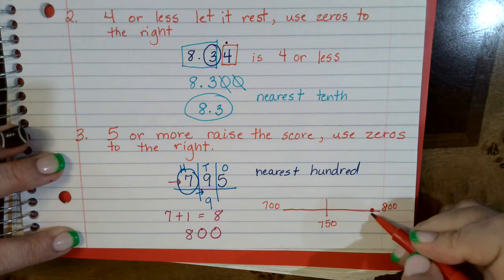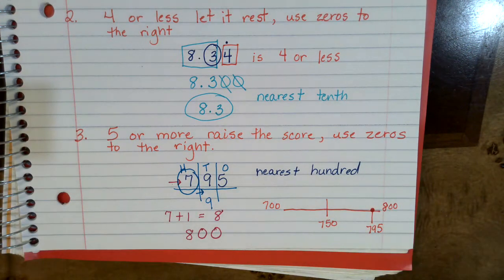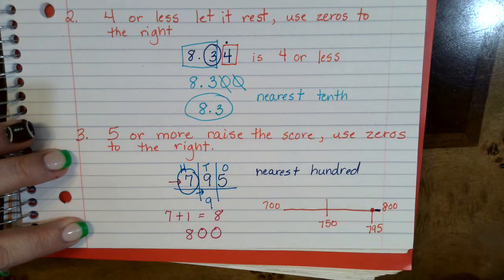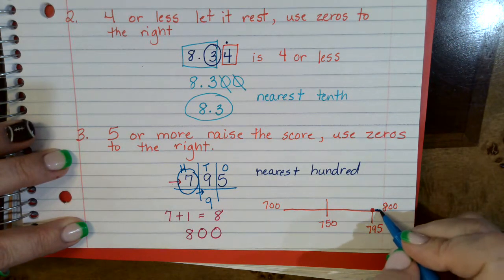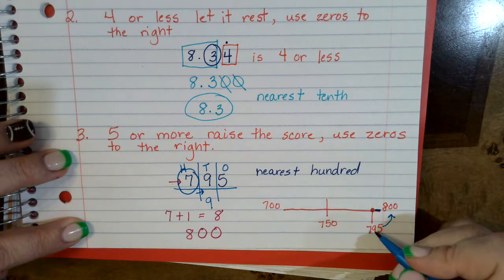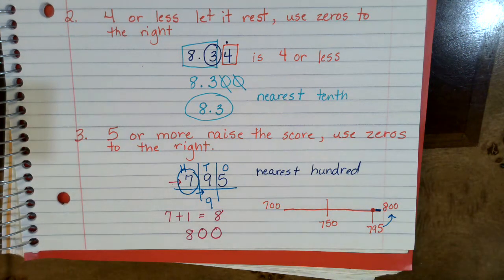And then 795 is going to be right here. The distance between 700 and 795 is way bigger than the distance between 795 and 800. That's why we round up to the nearest 100, because 795 is nearest to 800.